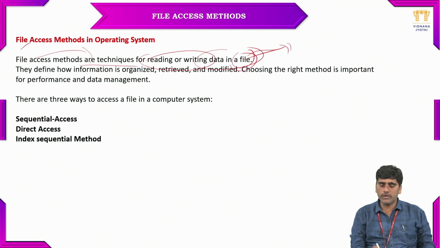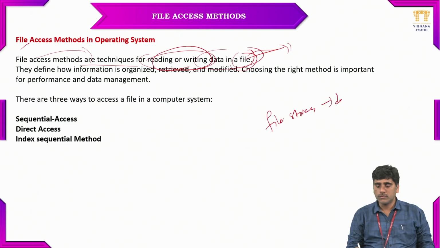So there are different types of file operations. A file stores different types of data: image data, numeric data, character data, calculation data, PDF data, all types of data we can store in a particular file. For this we have different types of files.